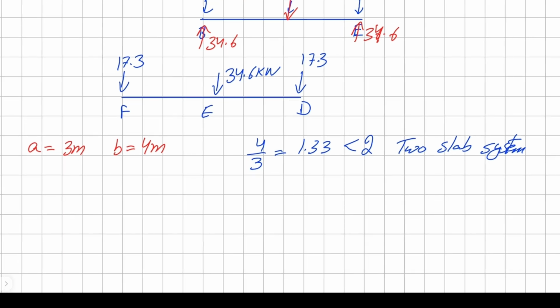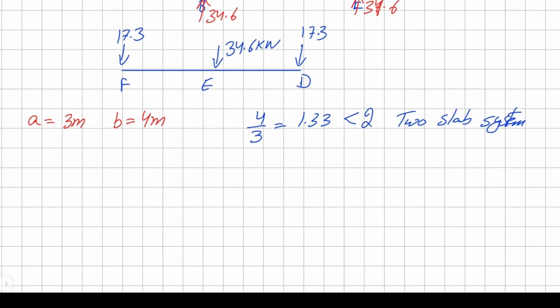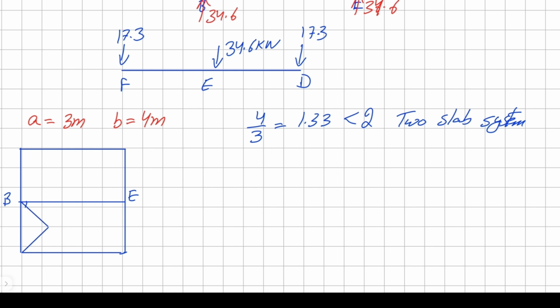To solve for a two-way slab system, first of all, let's draw our idealized framing plan, and we have a beam in the center, BE. We know from our theory lecture that the forces are divided at 45-degree angles at the corners, go into the center, and then the middle part has a normal uniform loading, as we have in a one-way slab system.